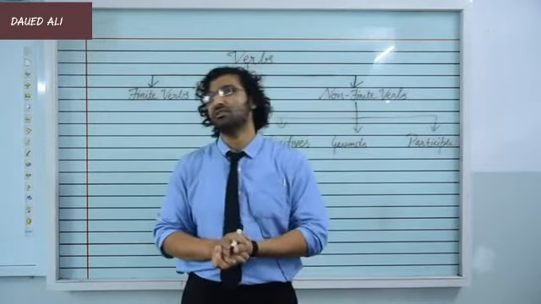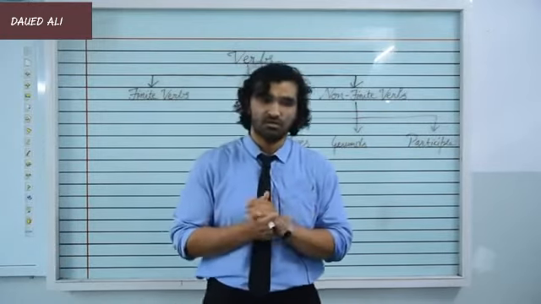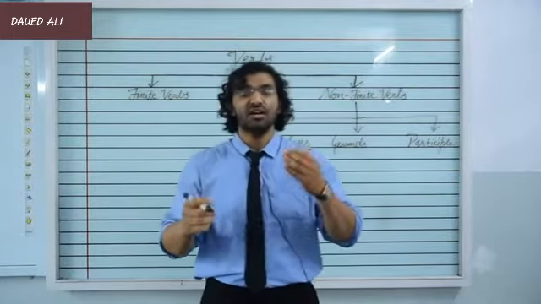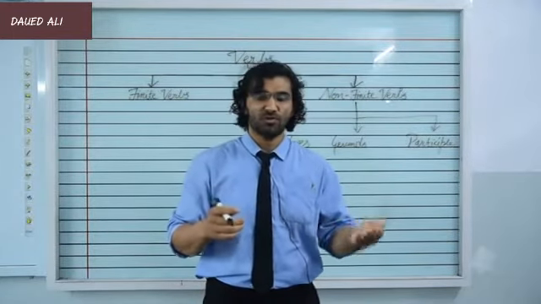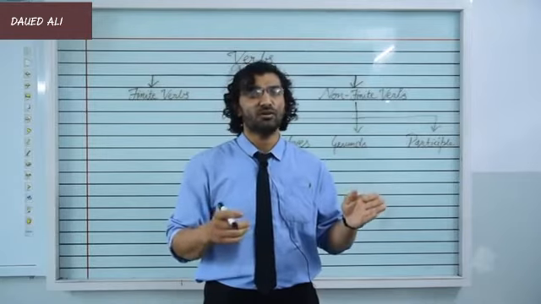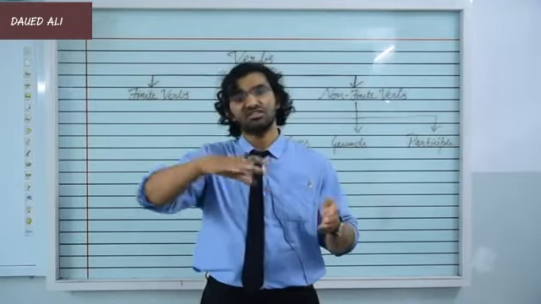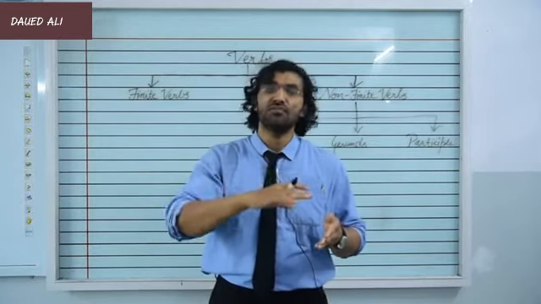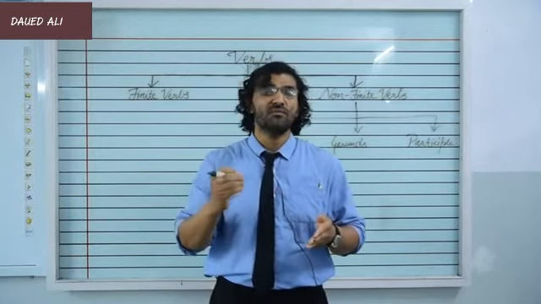For example, broken window, flying car. So ed form of a verb, en form of a verb, ing form of a verb, when they are being used in a sentence as an adjective.